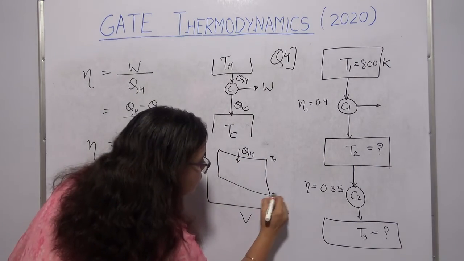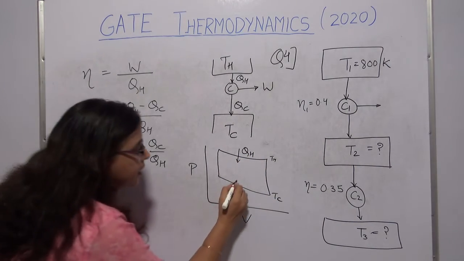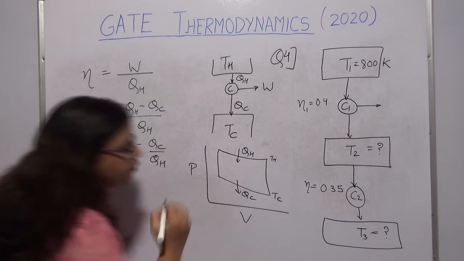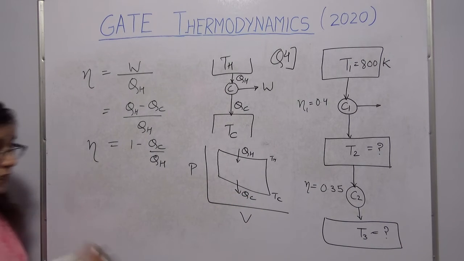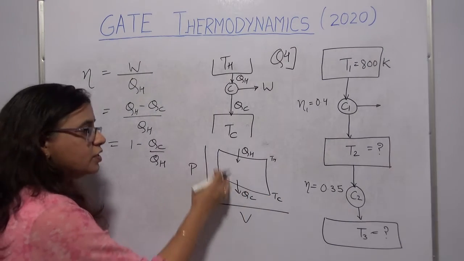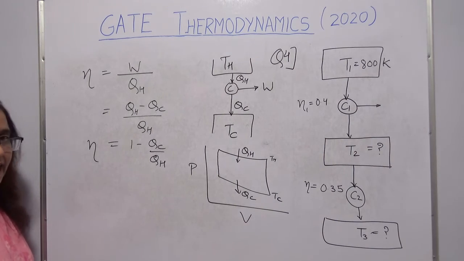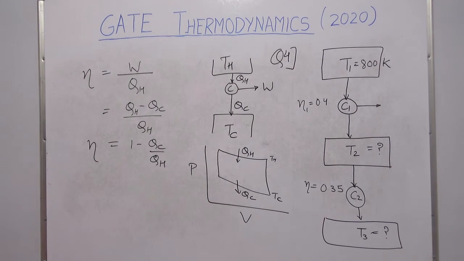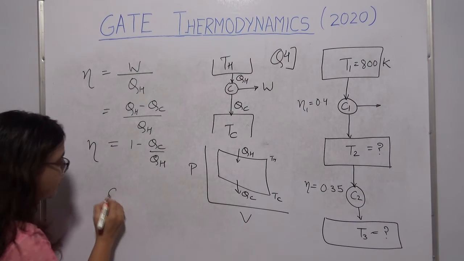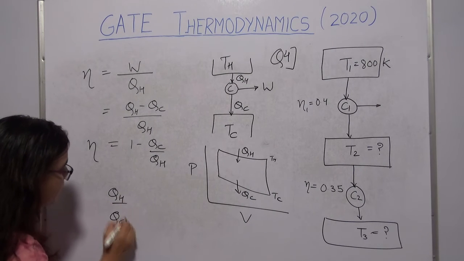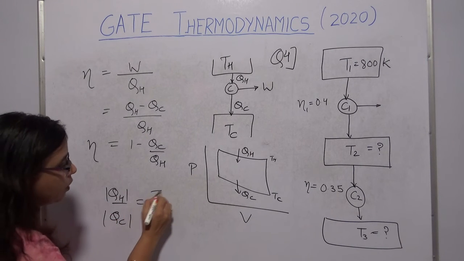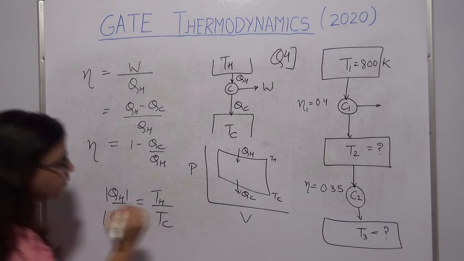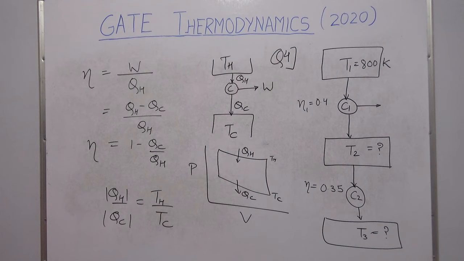The other isotherm is at TC, and it rejects QC amount of heat. Let's assume an ideal gas is the working fluid. Then, using the equations you have for an isothermal process and an adiabatic process, you can easily derive that QH by QC is equal to TH by TC. It's given in Smith and Van Ness and you can go and check over there.